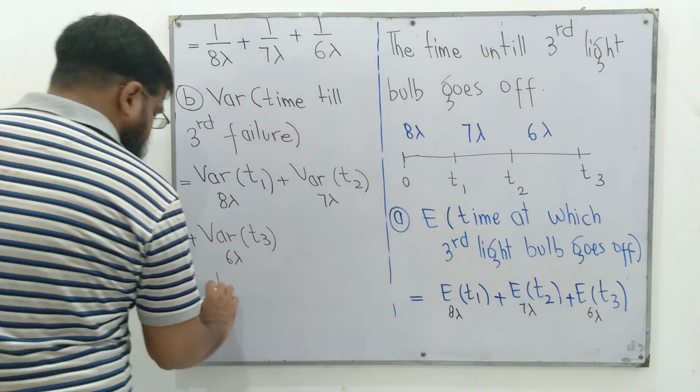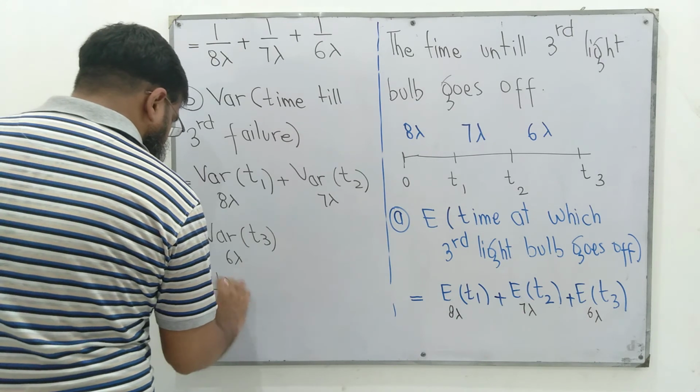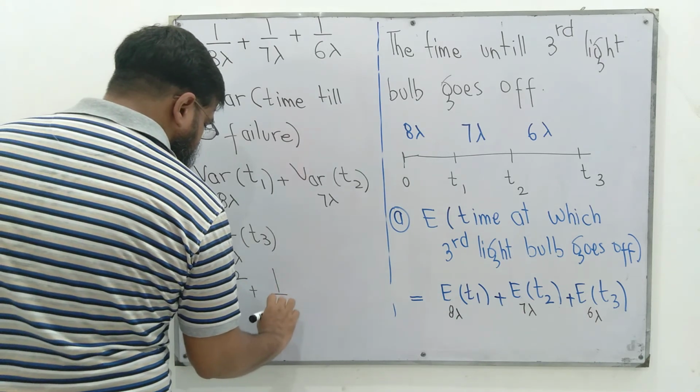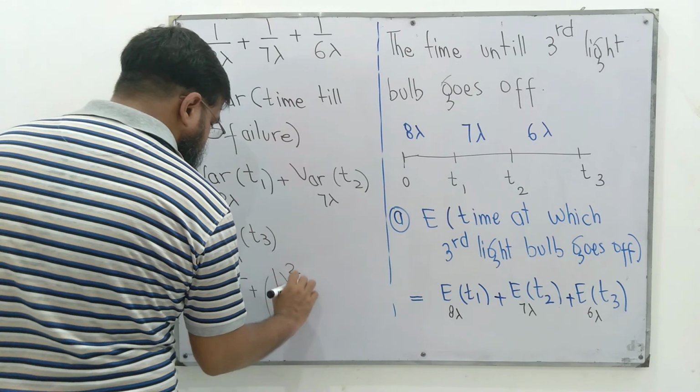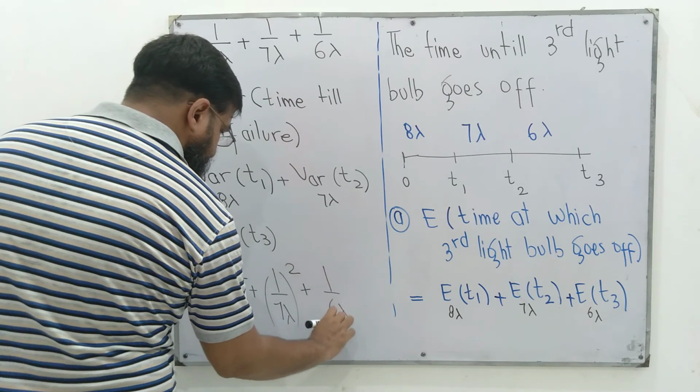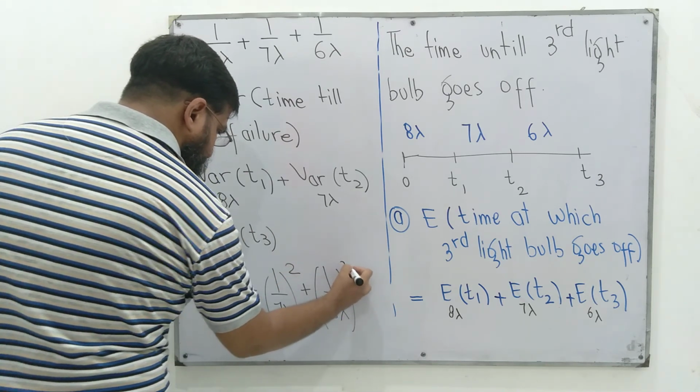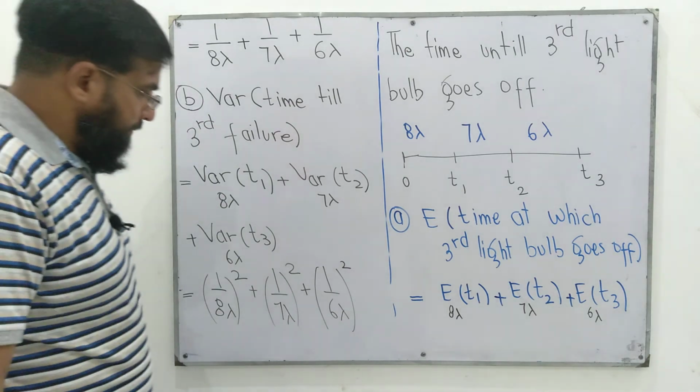So this is 1 over 8 lambda squared, plus 1 over 7 lambda squared, plus 1 over 6 lambda squared.